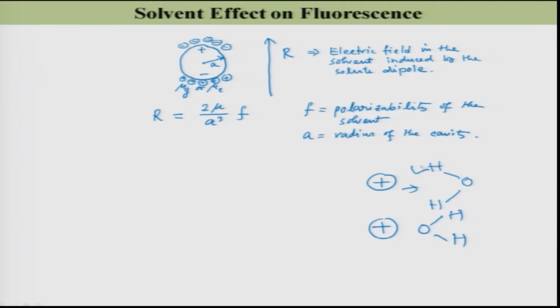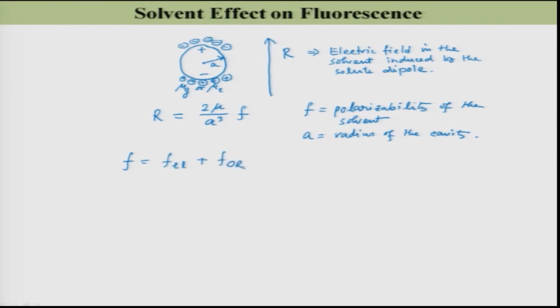So, I can write this F as two terms, which will be additive. First is F EL plus F OR. This F EL can be written as n square minus 1 by twice n square plus 1.